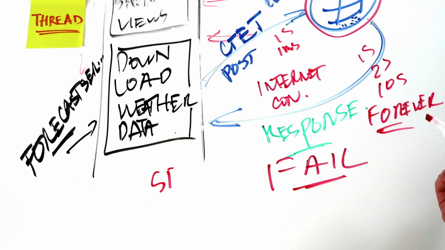It may fail because of a server error, or because of the internet connection, or because the battery just dies, or the user quits your app. There are a lot of problems.